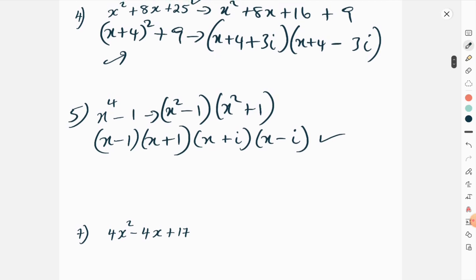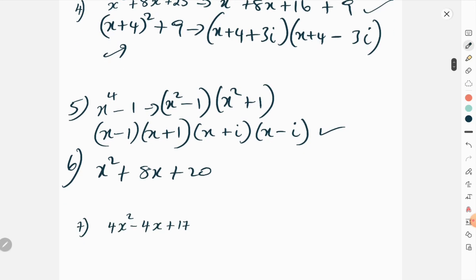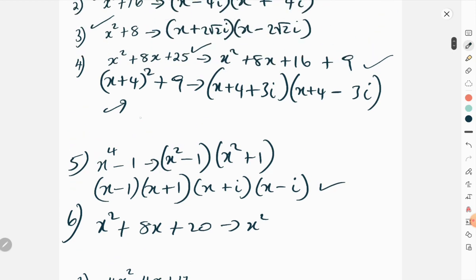So we also had number 6, x squared, what was it? It was plus 8x then plus 20. So this one can also be done the same way as we did number 4, where we need to complete the square. We can just change this trinomial into this form so that we can factorize it.